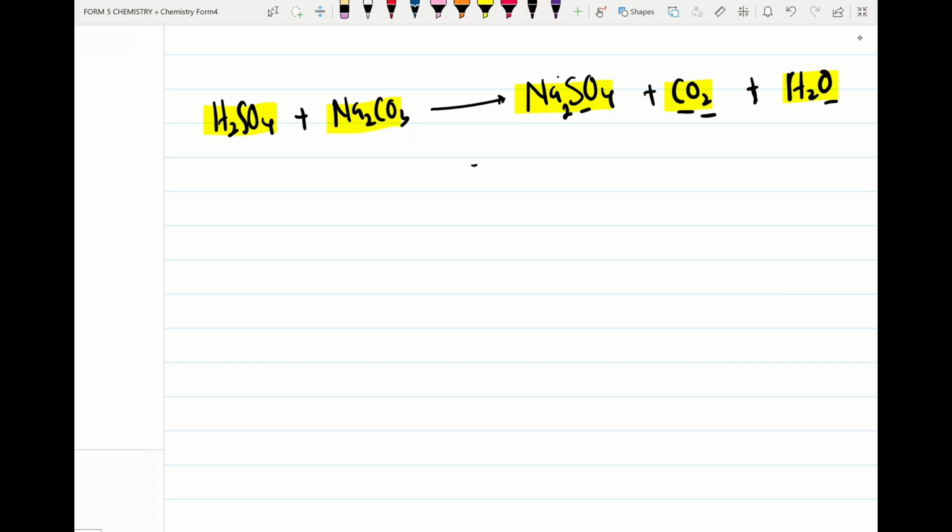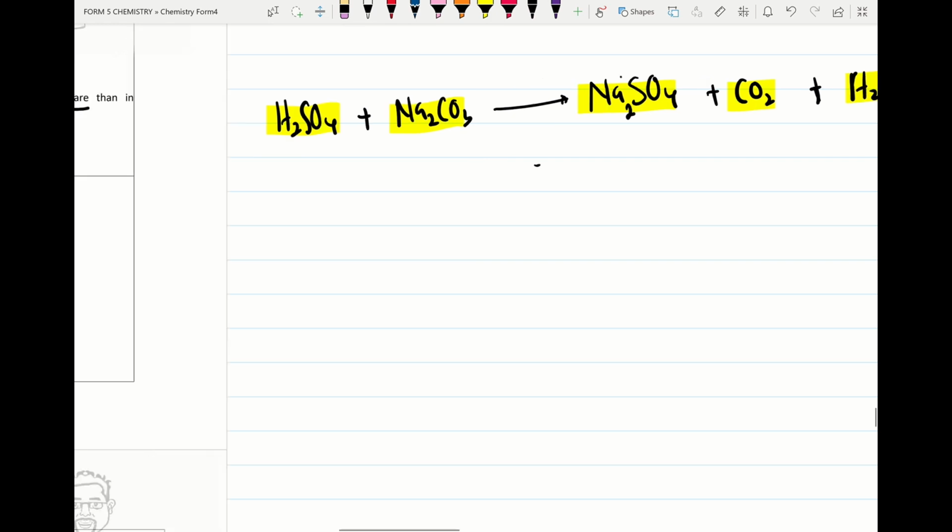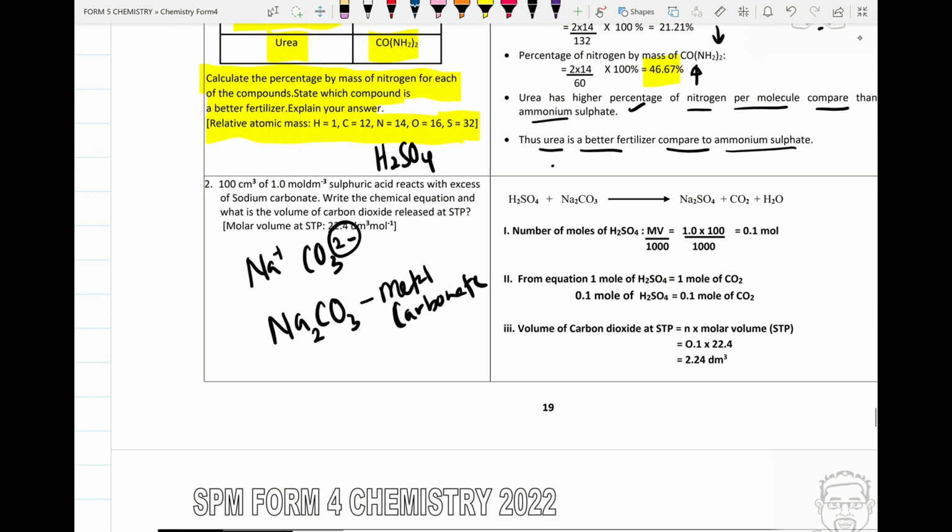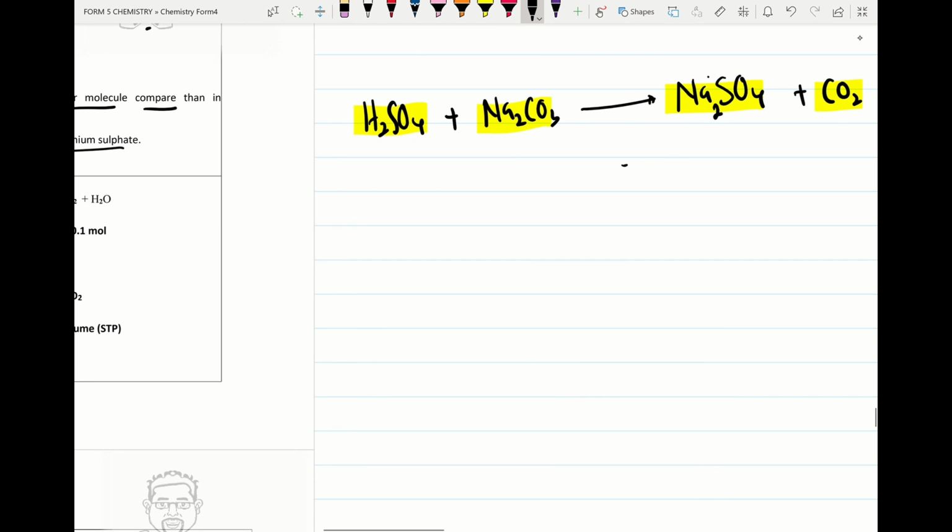Alright, so next we check the values given in the question. We convert the values into number of moles. We have two values. This cm^3 stands for volume, and 1.0 mol dm^-3 stands for molarity or concentration. So when we have M and V, we convert into number of moles, and this volume and concentration belong to sulfuric acid.